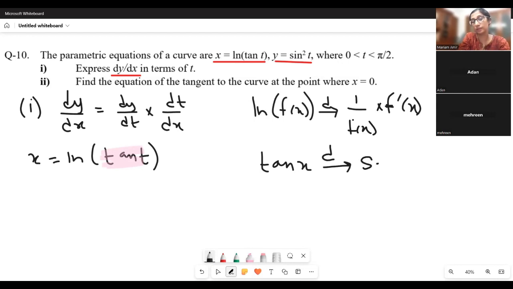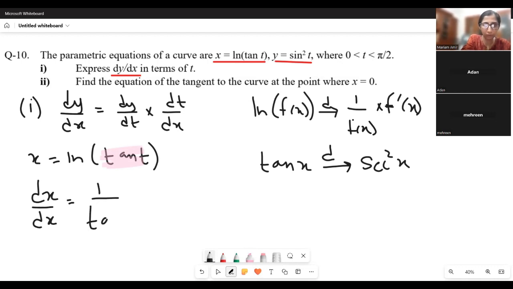It's secant squared x. So you must first know all the cases so that you can actually begin this question. So dx upon dt would be the derivative of ln, which is 1 upon f(x), so 1 upon tan t, times the derivative of f(x), which is secant squared.